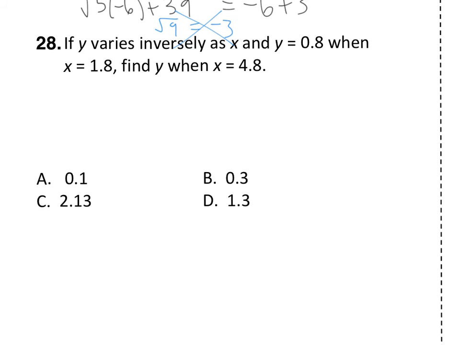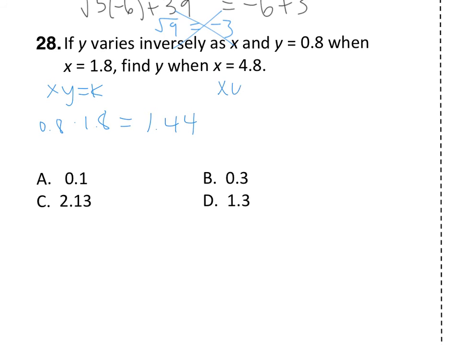Number 28, if y varies inversely as x and y equals 0.8 when x equals 1.8, find y when x equals 4.8. So here we have inverse variation, which means xy equals k. So in our first example, we have 0.8 times 1.8, which equals 1.44.